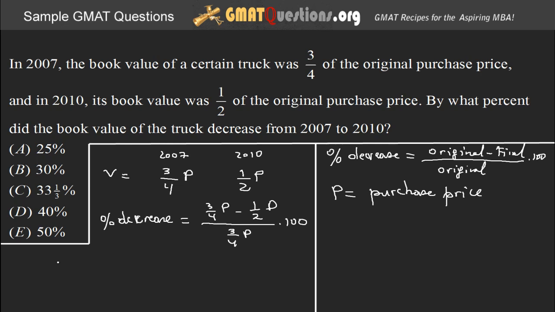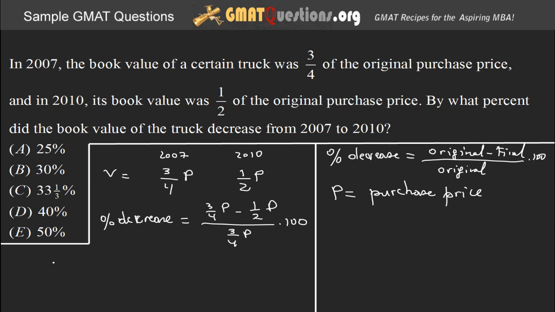Now, we need to pick an appropriate value for P here. It really doesn't matter. What matters is that we choose P to speed up the solving process. We don't want to waste too much time with fractions here. So any P will do, because P is going to simplify anyway. If you watch the previous question, I told you that P will be simplified. So obviously here we want to choose P equal to a multiple of 4 and 2. And so we can choose P equal 4, P equal 8, 12, and so on.